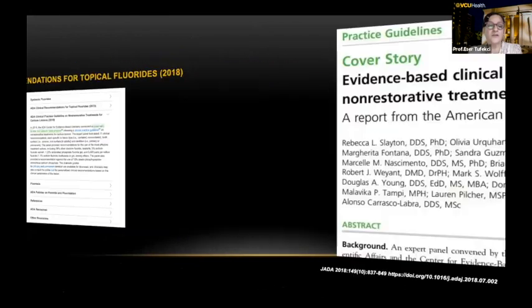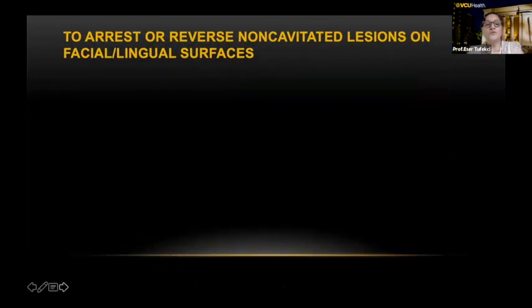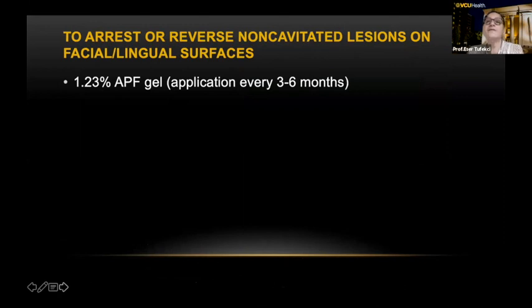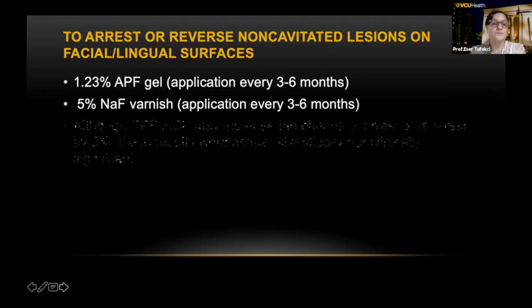Then later in 2018, the American Dental Association came out with another clinical practice guideline on non-restorative treatments for carious lesions, and this was a report. Based on the report, to arrest or reverse non-cavitated lesions on the facial and lingual surfaces, the evidence recommended 1.23% APF gel application every 3 to 6 months and 5% sodium fluoride varnish every 3 to 6 months.